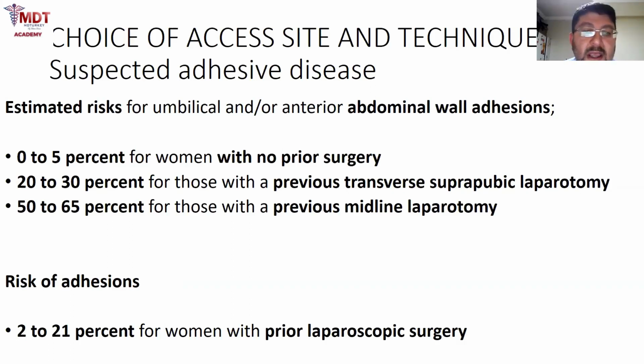And if the patient had a previous midline laparotomy, the risk increases to 50 to 65%. And also, if the patient had a prior laparoscopic surgery, there is a risk of 2 to 21% of anterior abdominal wall adhesion.